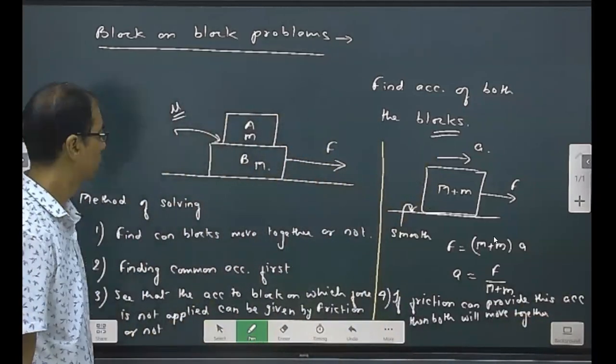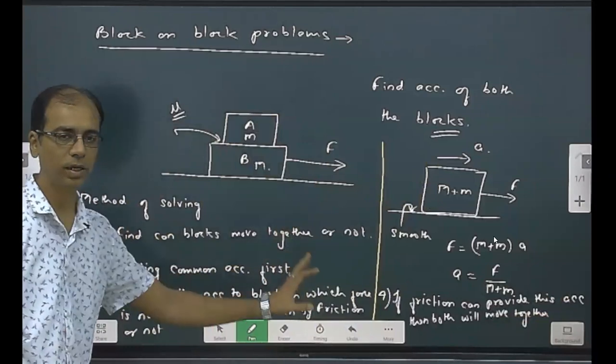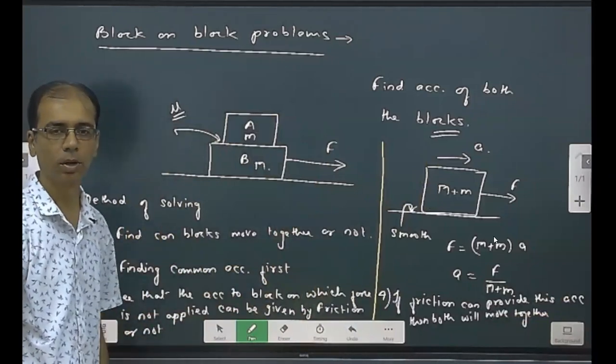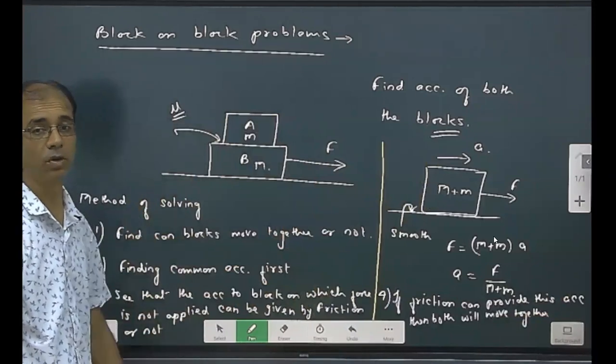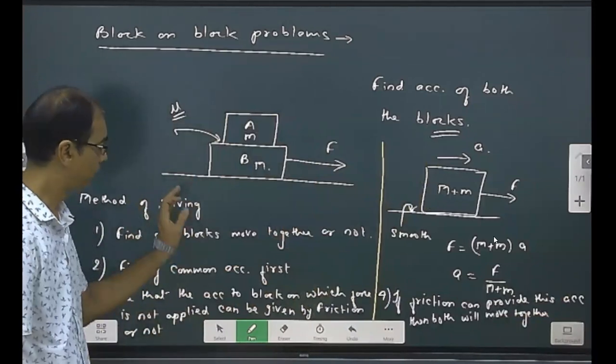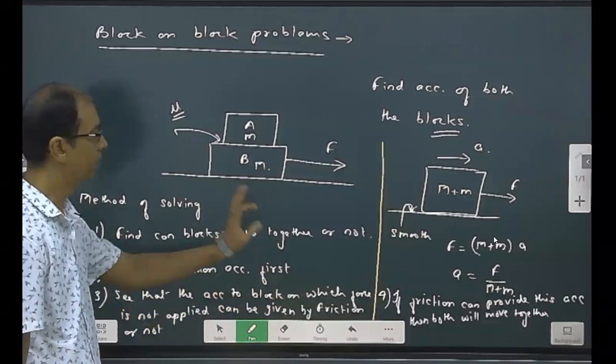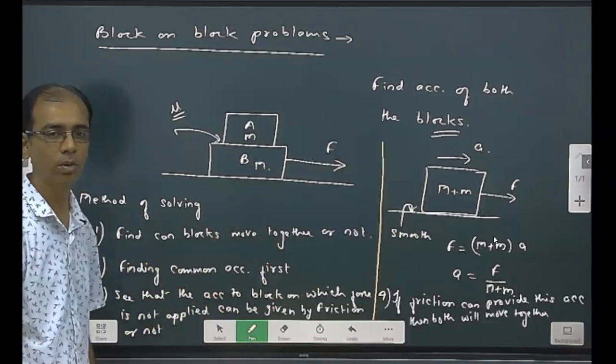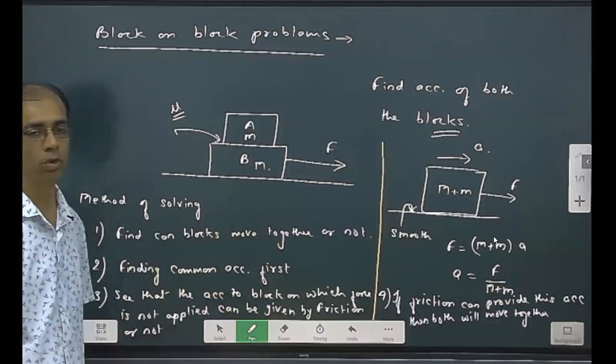Okay. If you can understand these four steps, then we can solve any block on block question. Otherwise, it is difficult to solve these kinds of questions. So first you note this, then we will solve it, and then we solve a few more questions so that it is very clear to you how to solve these. So first note these four steps.